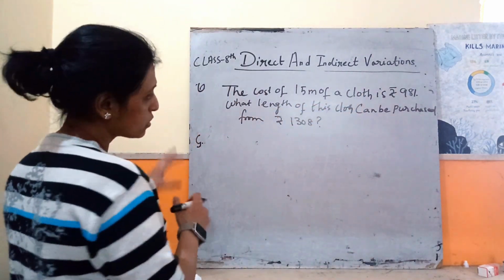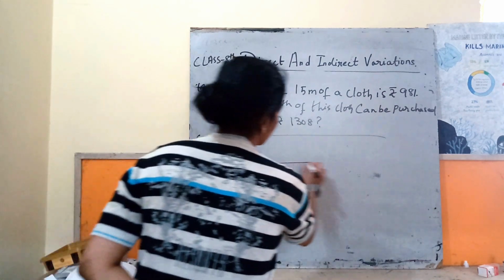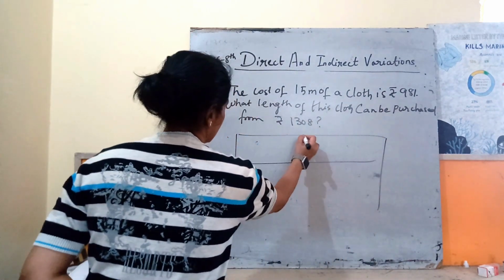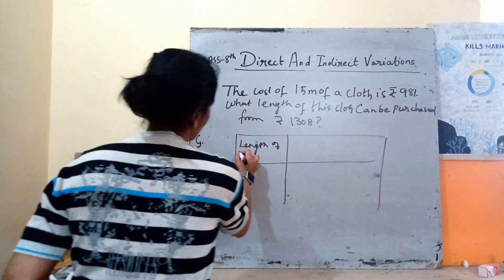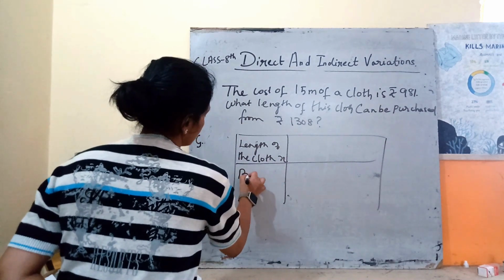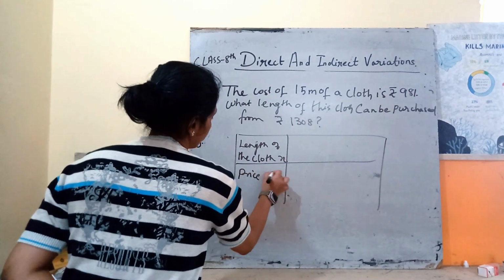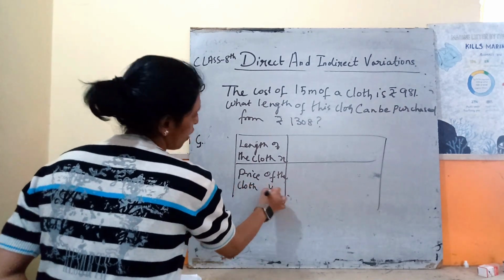So we got these two quantities. We will take the length of the cloth as x and the price of the cloth as y.